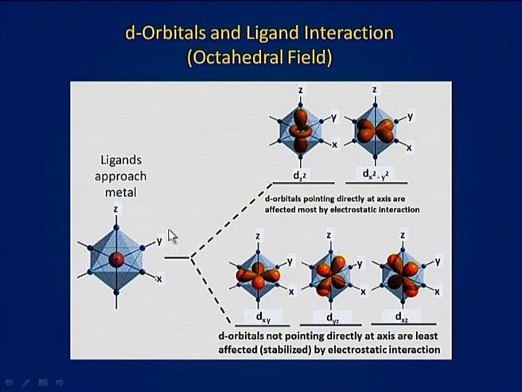Here, the ligands approach the metal ion in a spherical field and all the 5 d orbitals will be degenerate. But the energy of the 2 orbitals of Eg set will be increased, that is, the energy of dz square and dx square minus y square orbitals will be increased and the energy of dxy, dyz and dxz orbitals which come into the group T2g will be decreased.